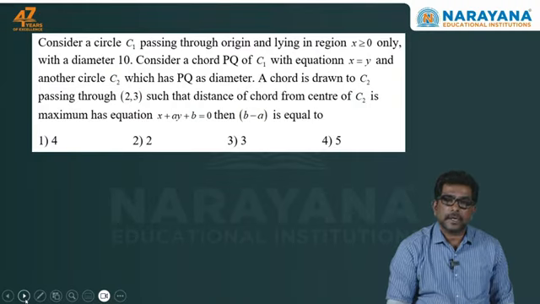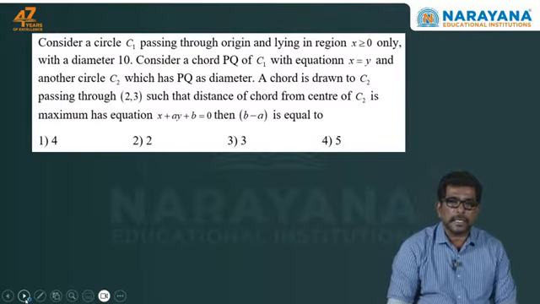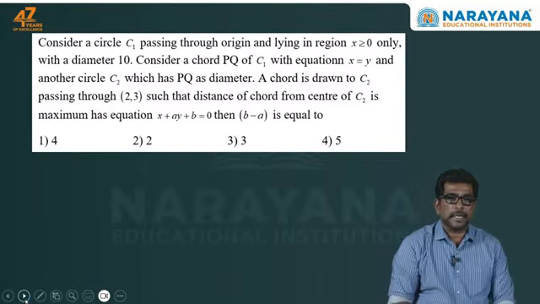A chord is drawn to C2 passing through (2, 3) such that the distance of the chord from the center of C2 is maximum, and it has equation x plus ay plus b equal to 0. Then they are asking for b minus a.